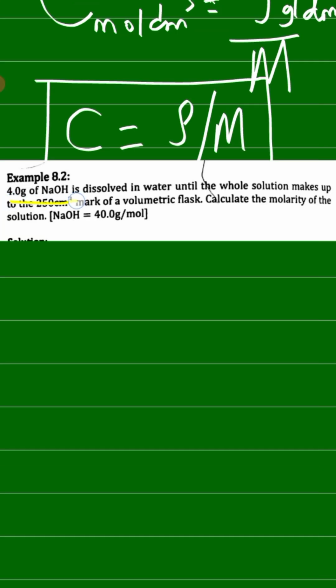4 grams of NaOH is dissolved in water until the whole solution makes up to the 250 cm cube mark of a volumetric flask. You have to calculate the molarity of the solution. When you say calculate the molarity, that means you are looking for the concentration, and your final answer should be in mole per dm cube. So you know that concentration is equal to the number of moles, that is n, divided by the volume.